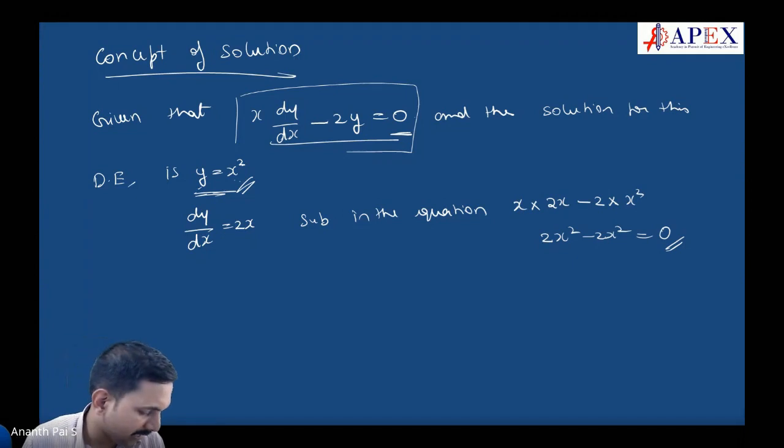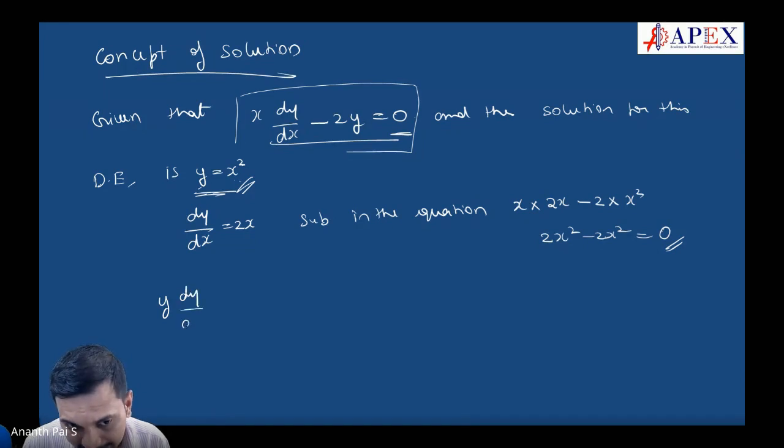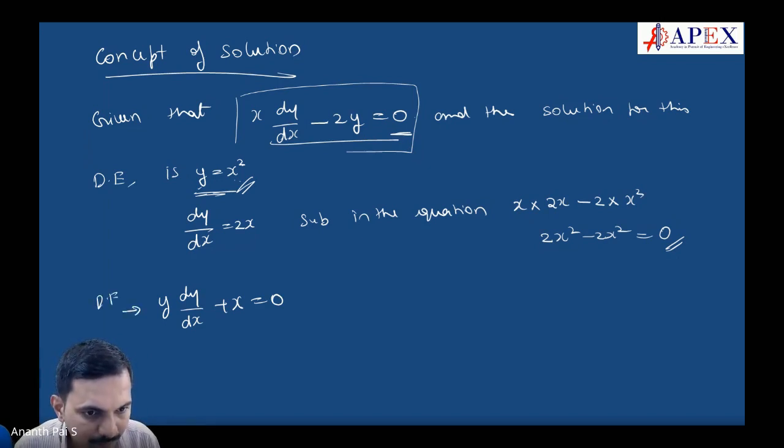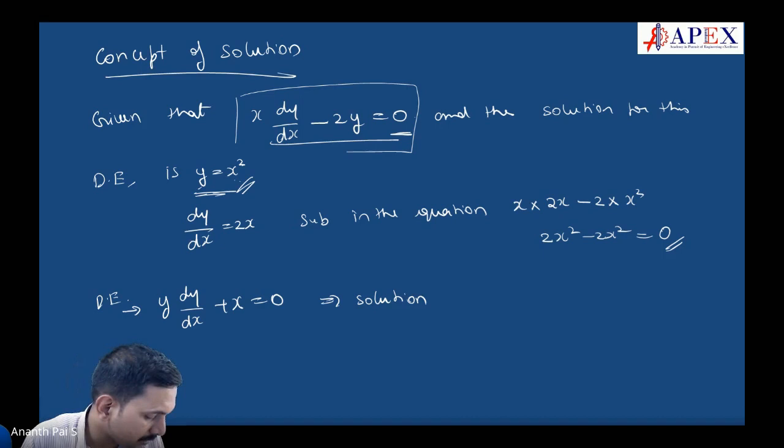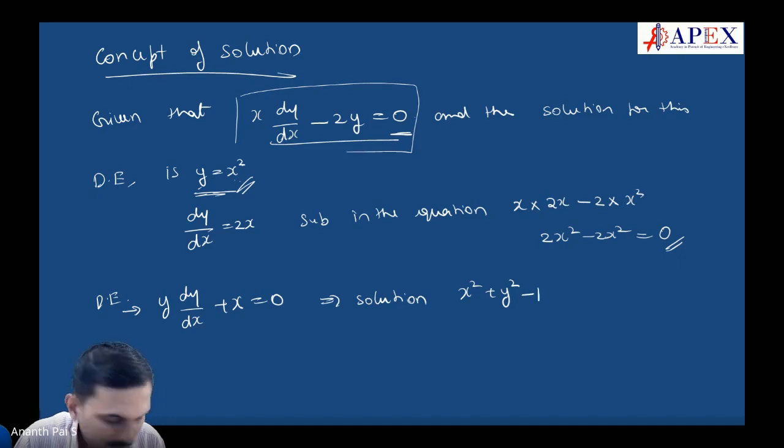Now let us say another example where y dy by dx plus x is equal to 0 is a differential equation. The solution of this differential equation is x square plus y square minus 1 is equal to 0.